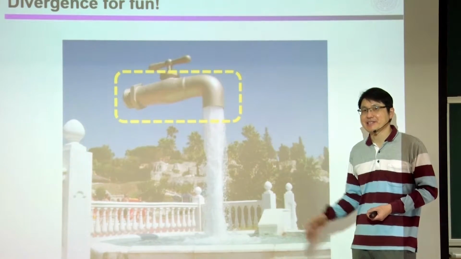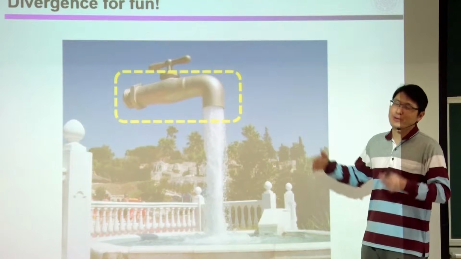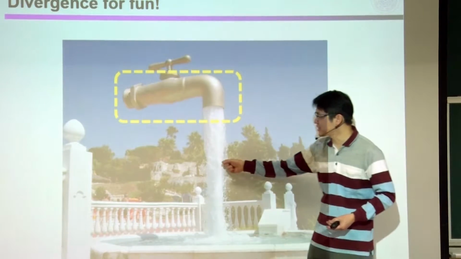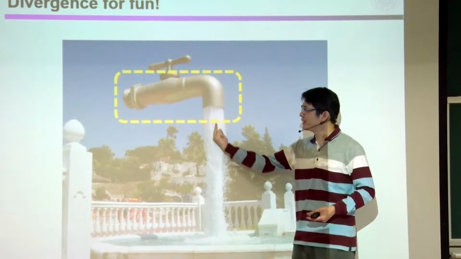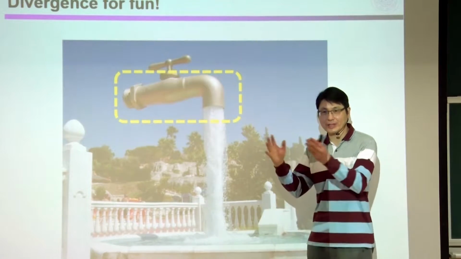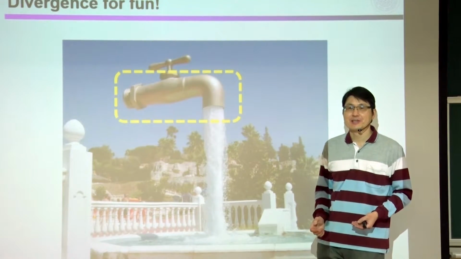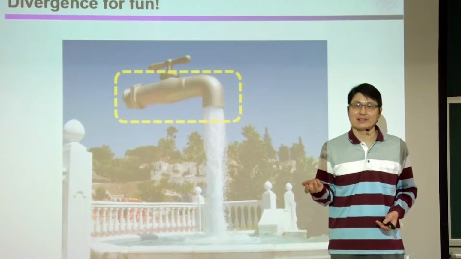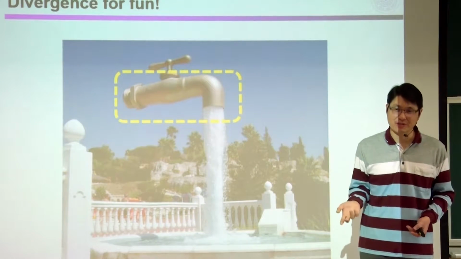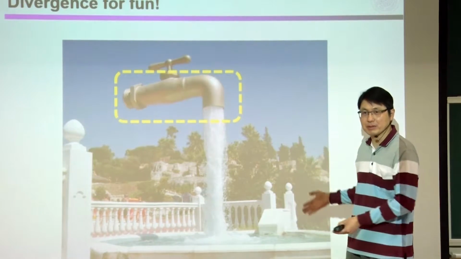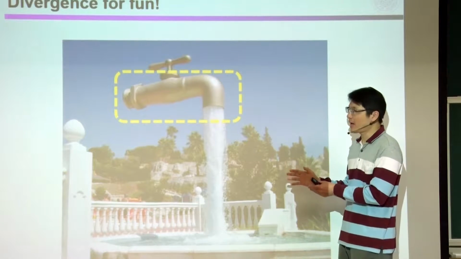Of course, you know how it works here: there's a center tube having water coming in, then it comes out from the outer tube, so the total amount of water is still conserved. But I'm using this example as if you don't know the trick, how it was done.